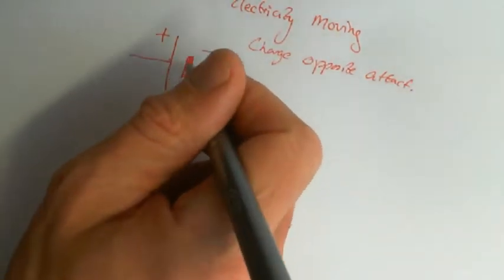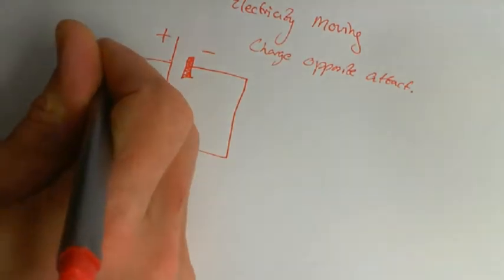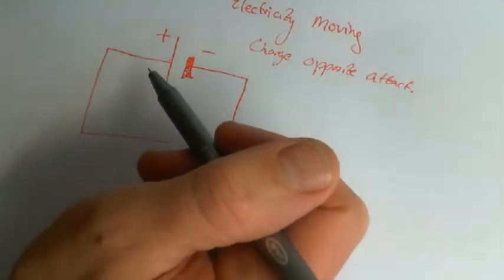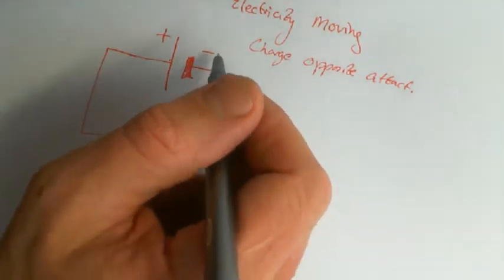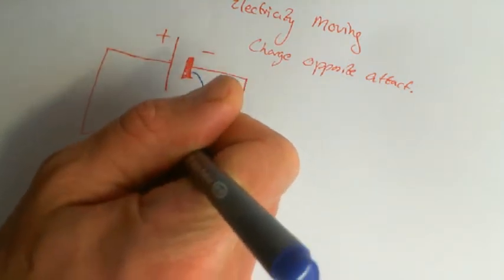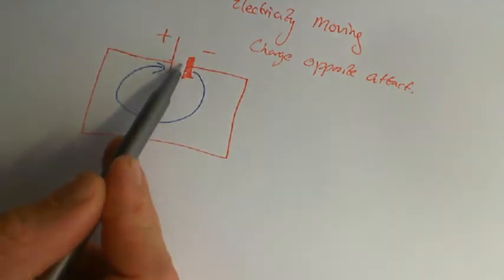But you don't make it easy for the electrons. You make them go around a circuit. So the electrons will go, remember, opposites attract. So the electrons will want to go to the positive part of the battery. So they want to get there. But you don't, that's why there's a gap there.